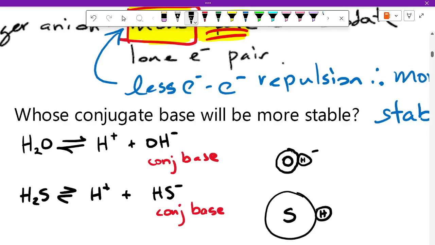Why? Who is more stable? S is more stable.